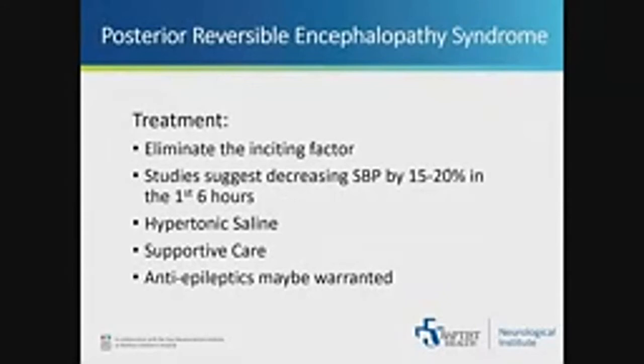Hypertonic saline, supportive care, and anti-epileptics may be warranted. Many cases resolve within 1 to 2 weeks after controlling the blood pressure and eliminating that inciting factor. Some cases may persist and cause permanent damage in the form of visual changes or seizures.